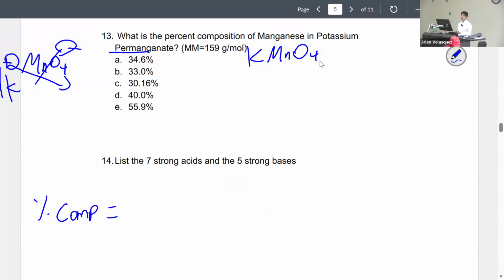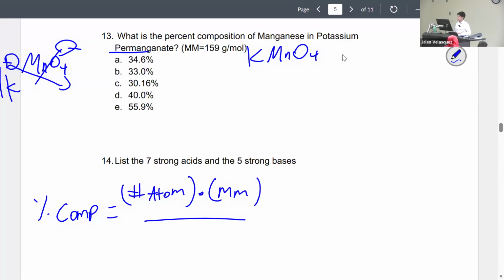When you're doing percent composition, you're going to be solving for a specific element. So it's the number of atoms of that element times the molar mass of that element divided by the compound's entire formula weight. And I already gave that to you here with the molar mass. Molar mass, formula weight, it's the same thing. And then also, sorry, I always forget this, you times 100 to make it a percent.